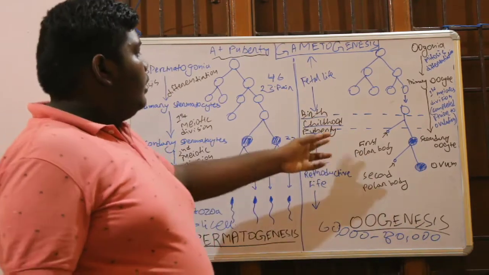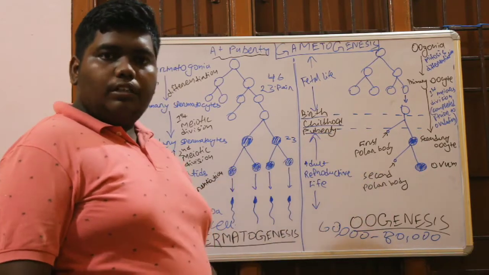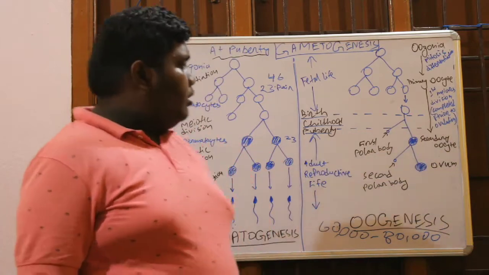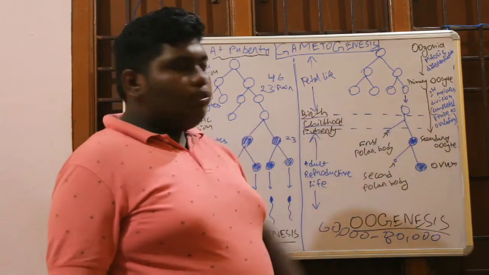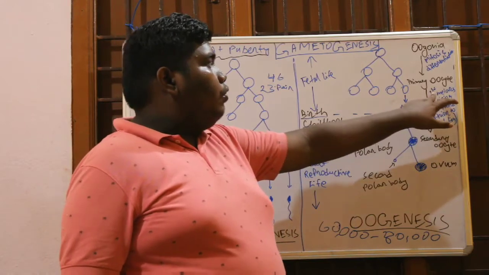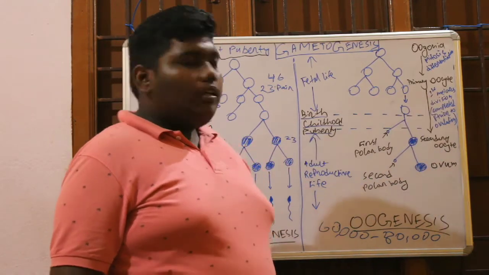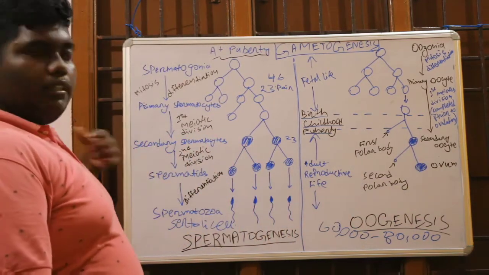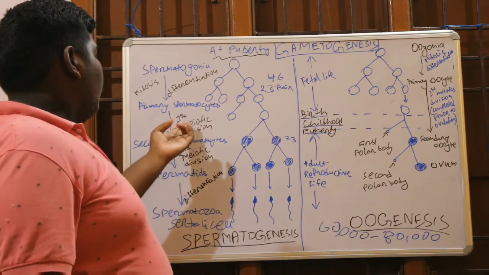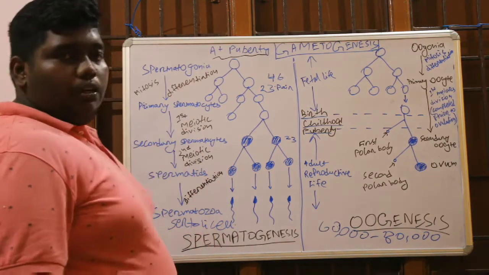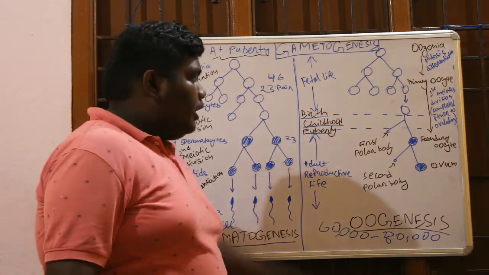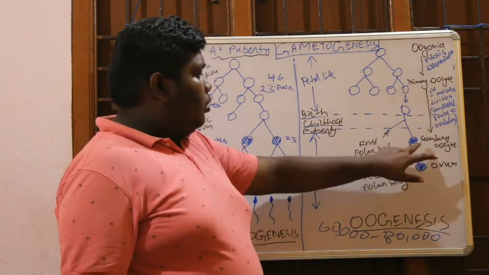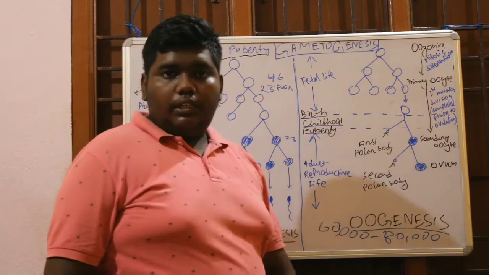After that comes childhood, and when the female acquires puberty, the rest of the process starts. Now, these primary oocytes undergo the first meiotic division to form the secondary oocyte. Just as we have seen, the primary spermatocyte after the first meiotic division forms the secondary spermatocyte; similarly here, the primary oocyte after the first meiotic division forms the secondary oocyte.